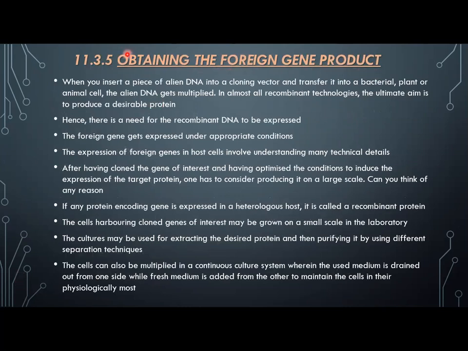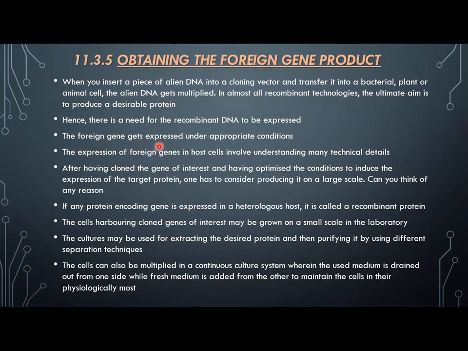Obtaining the foreign gene product. When you insert a piece of alien DNA into a cloning vector and transfer it into the bacterial, plant, or animal cell, the alien DNA gets multiplied in almost all recombinant technologies. The ultimate aim is to produce a desirable protein. Hence, there is a need for the recombinant DNA to be expressed. The foreign gene gets expressed under appropriate conditions.